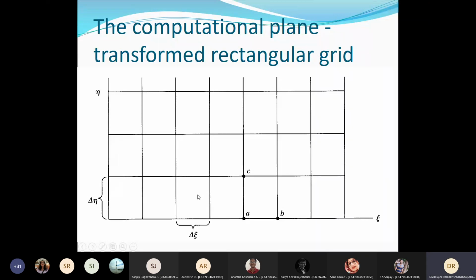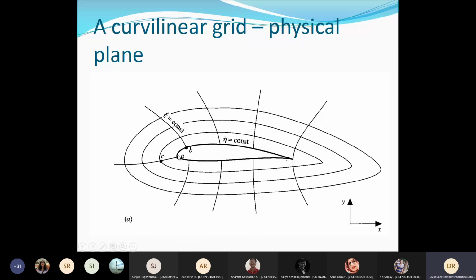Now you look at how these points corresponding to A, B, and C look like on the other plane. So the XY plane we call the physical plane. The Z-eta plane we call the computational plane.